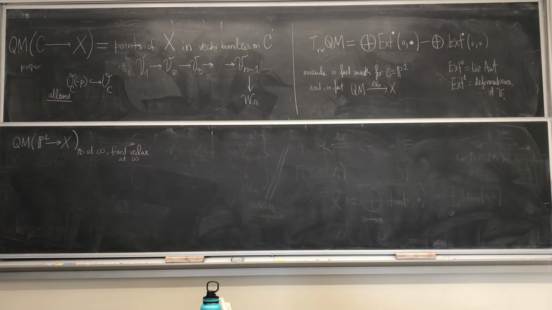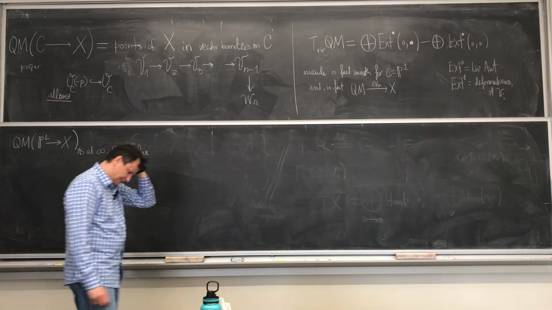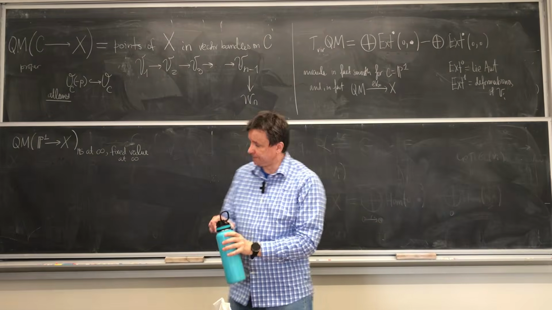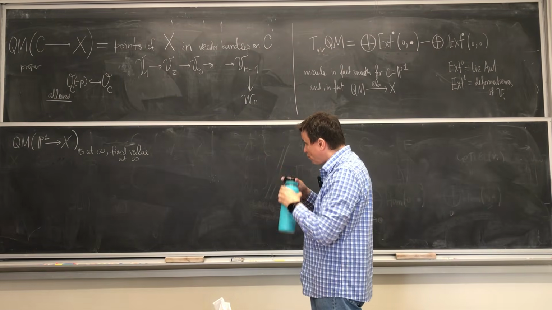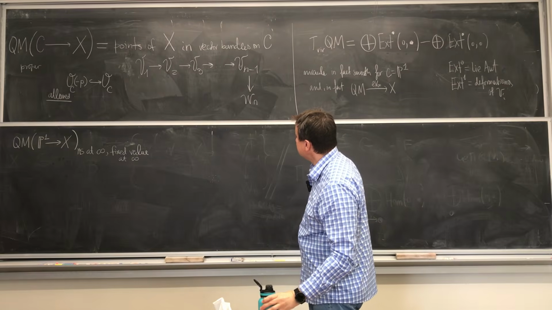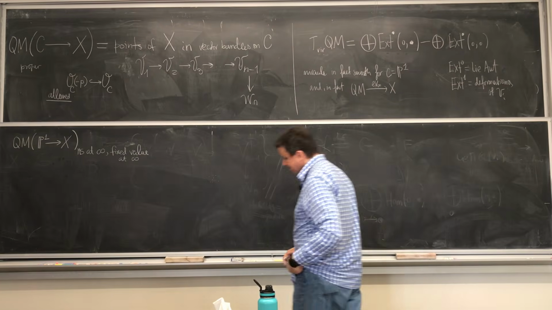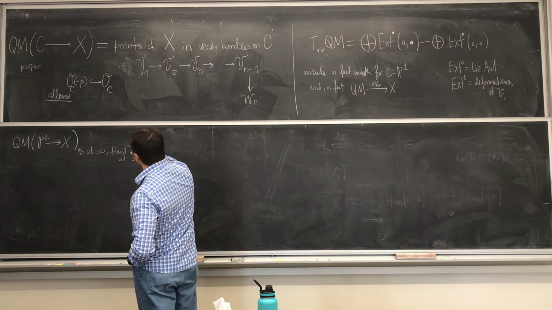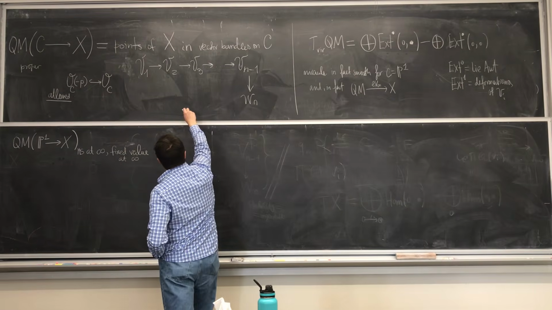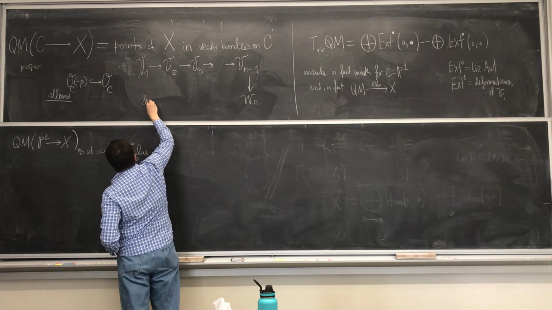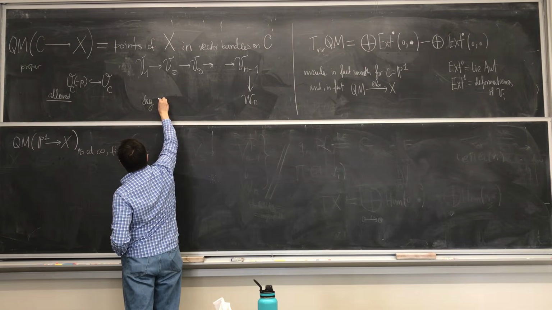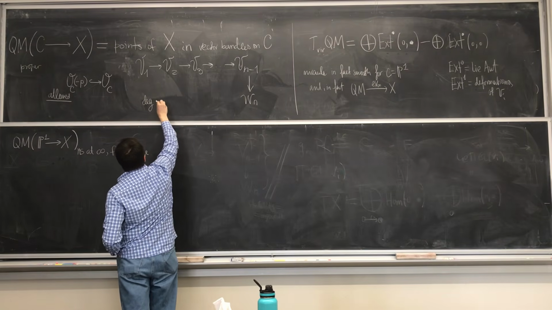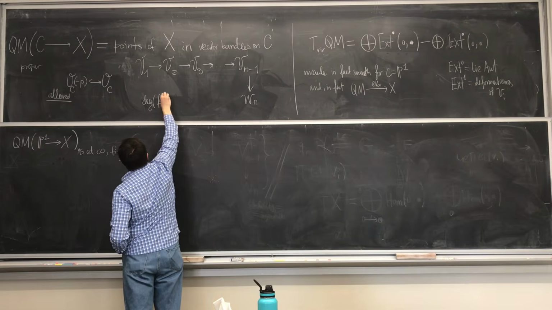So this is, like I said, a smooth space. And sorry, I forgot, there's a degree of the Quasimap, the degree of this Quasimap f.